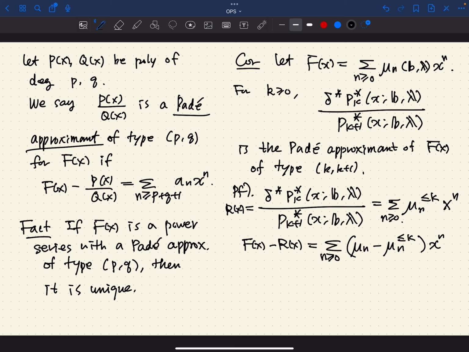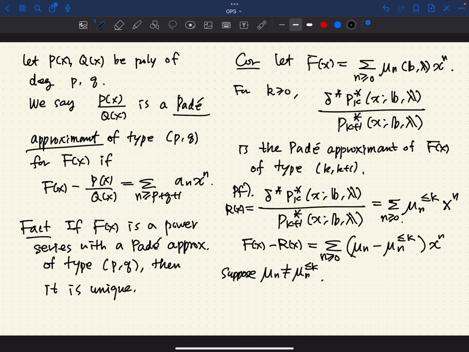Is that right? But these two are of course not always the same, but they are the same if n is big enough. So let's see for what values of n this can be non-zero. So if mu_n, I suppose this is non-zero, or this is not equal to this.